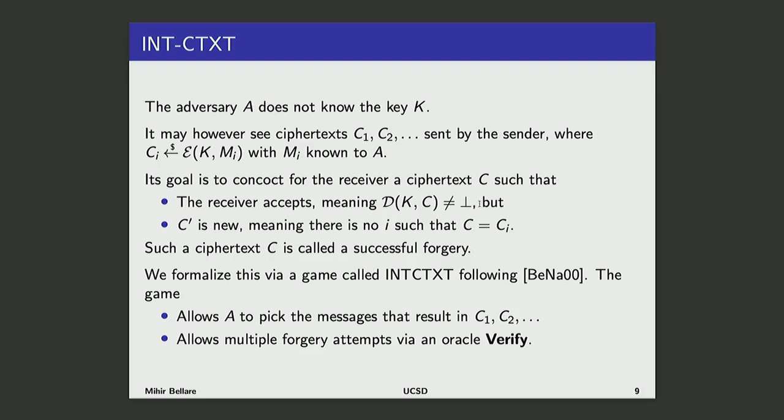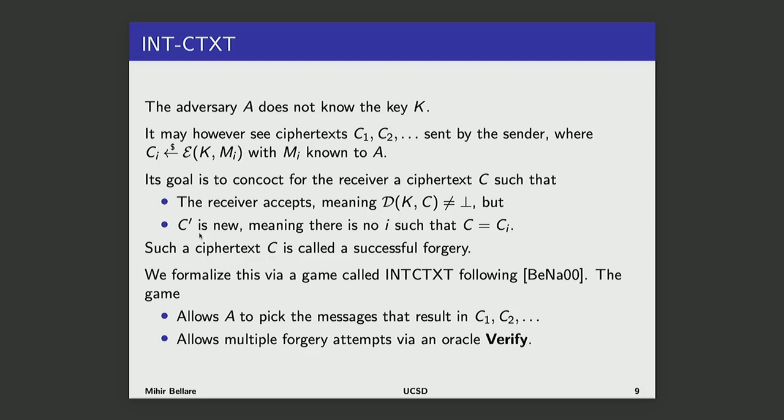So this is not equal to this bot symbol. In other words, it returns some message. Right? And that's the key point. Any message which decryption returns classifies as a success for the adversary, because the receiver thought some data is present in this ciphertext that was sent by Alice.